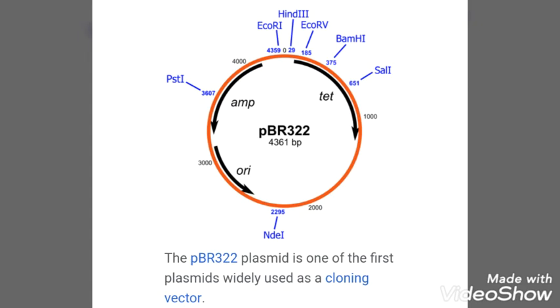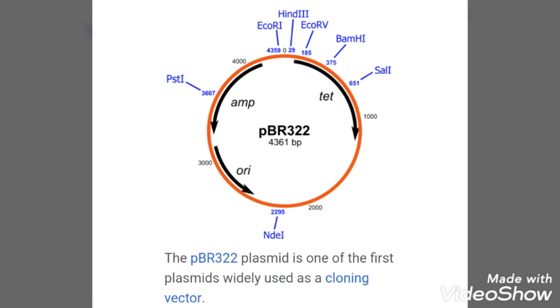The number of plasmids present in the bacteria varies. Each and every bacterium has its own genetic material, and along with it, this ring-like plasmid is the additional genetic material. This ring-like DNA plasmid acts as a vector.